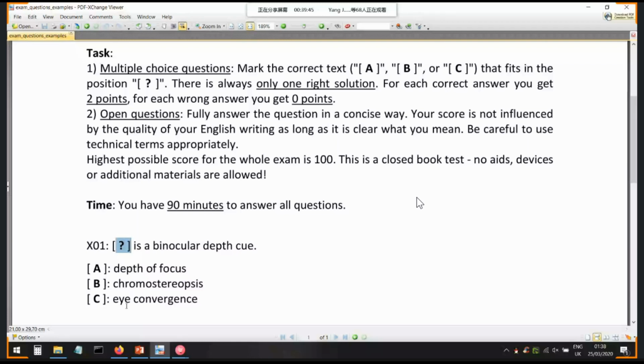Or C, eye convergence. Maybe you know it already because we just talked about it. The right answer is eye convergence. So then you should mark C. That would be correct. Again, there is just one right solution, and there is always one right solution.